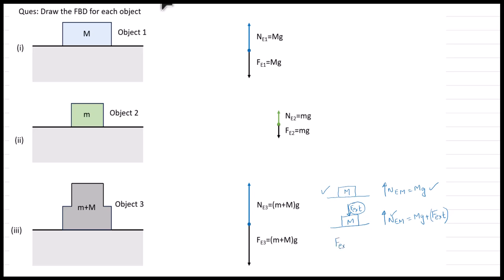So if F external is Mg, then the normal force by Earth on m will increase by the same amount, which is Mg, so it becomes (M plus m) times g. That's a very important key takeaway from this session.